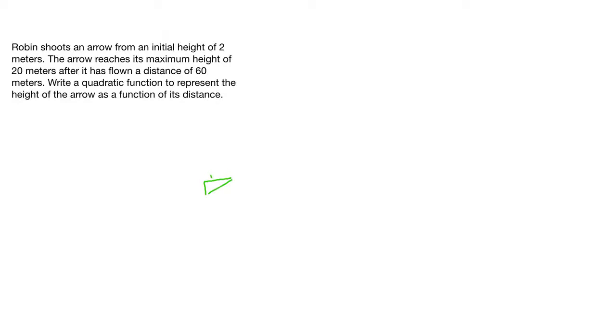So, here's Robin. And he shoots his arrow to a maximum height of 20 meters after it has flown a distance of 60 meters.